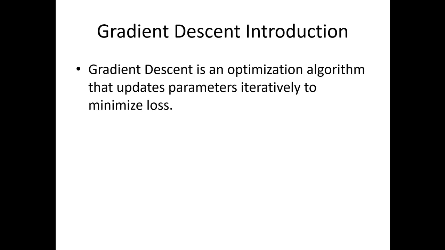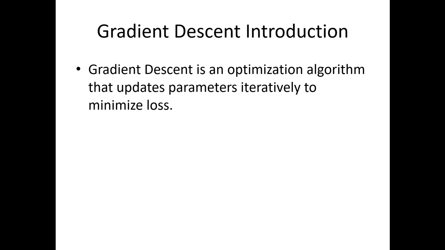Gradient descent introduction. Gradient descent is one of the most popular and widely used algorithms for optimization. It helps us find the values of m and c that minimize the loss function. It works in an iterative manner, meaning we start with some initial random values of m and c and then gradually adjust them step by step to reduce the loss.